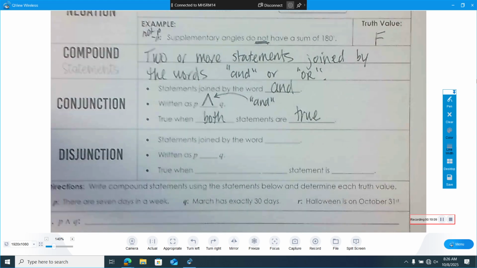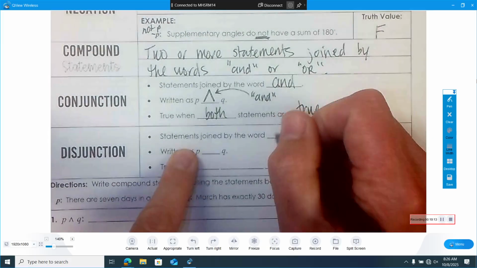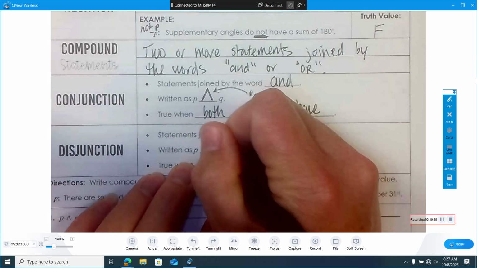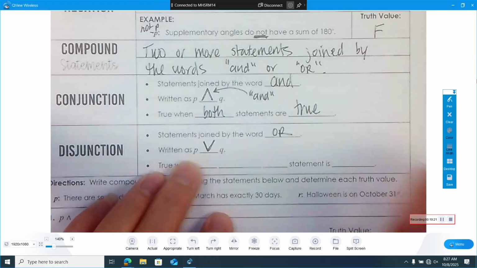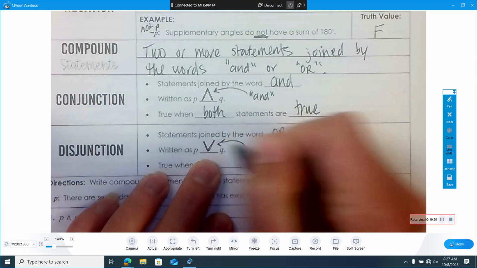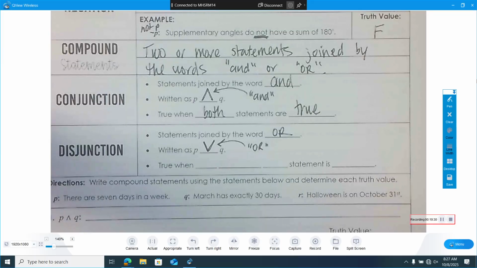Now, the disjunction is a statement joined by the word or, and this one has much more flexibility. A disjunction is written as P or Q. You can see that the symbol has been flipped upside down, and this symbol means or. It kind of looks like a V, but that means or.